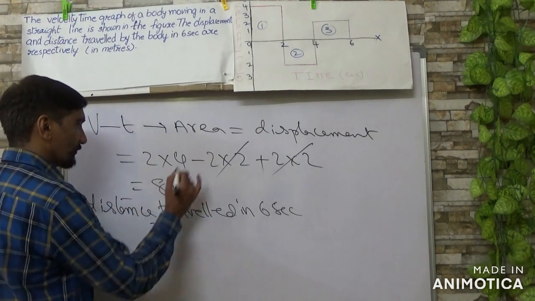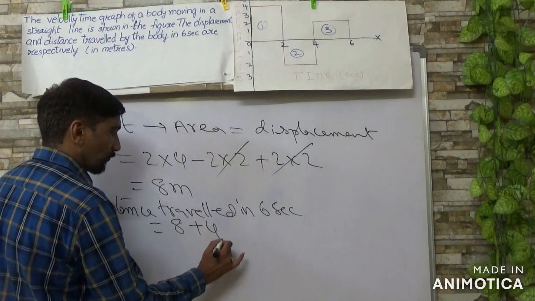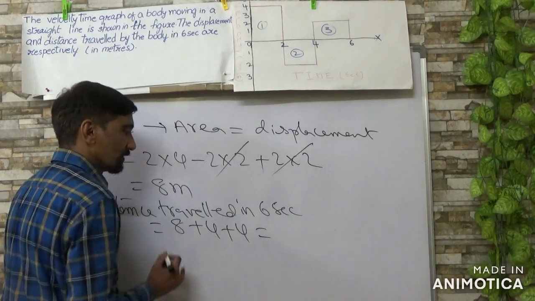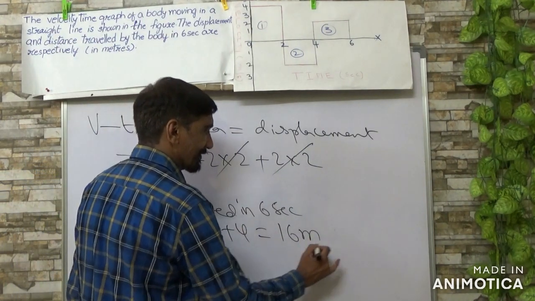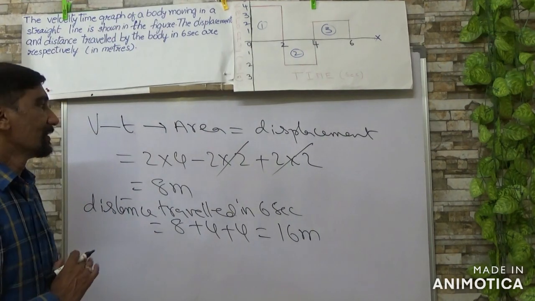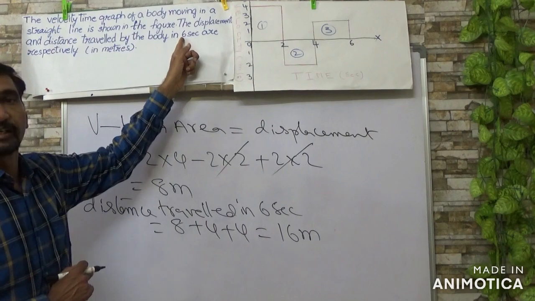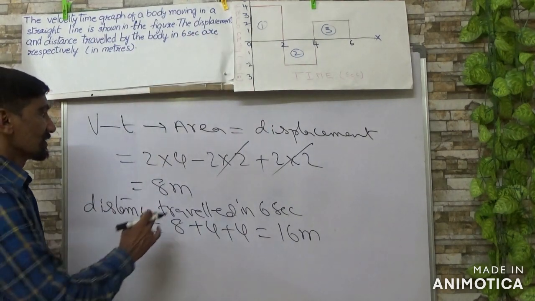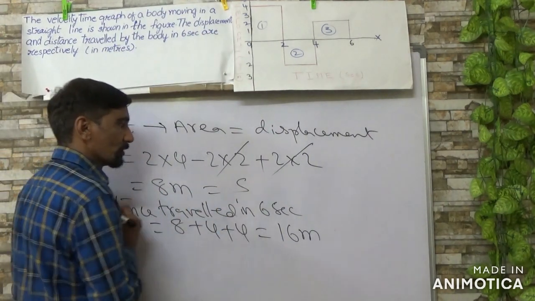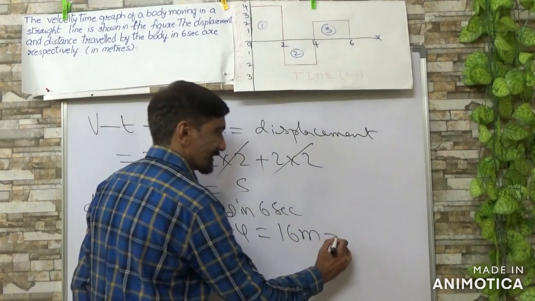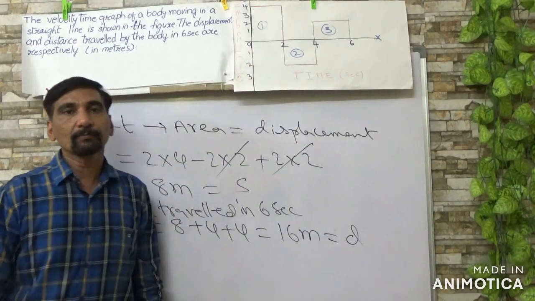So 8 plus 4 plus 4, 16 meters is the distance traveled and 8 meters is the displacement after 6 seconds.